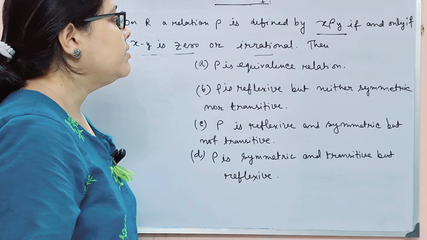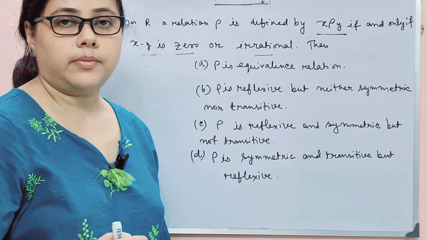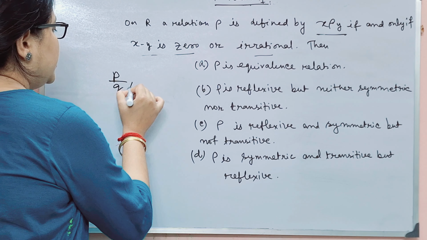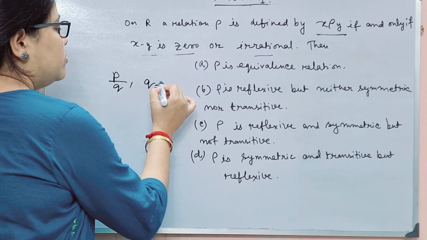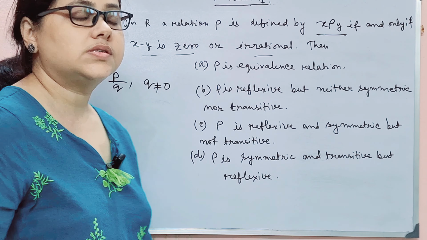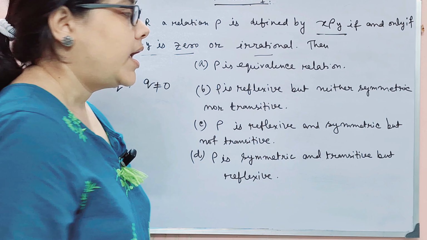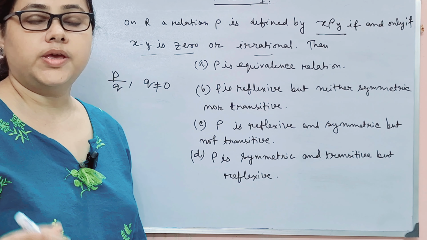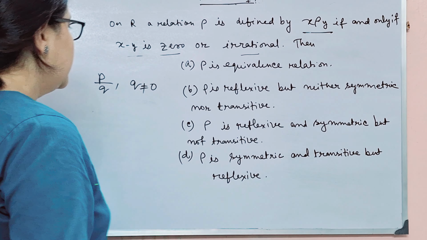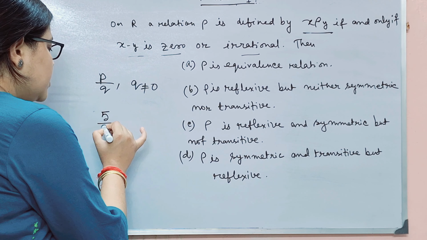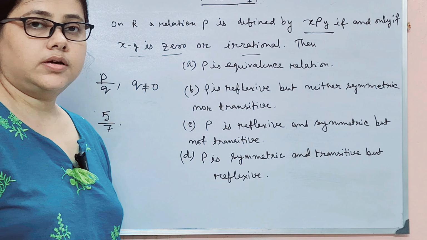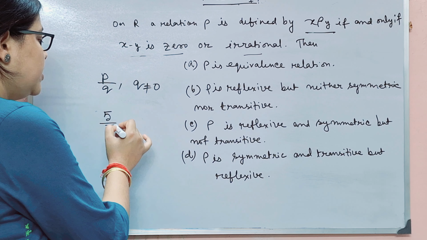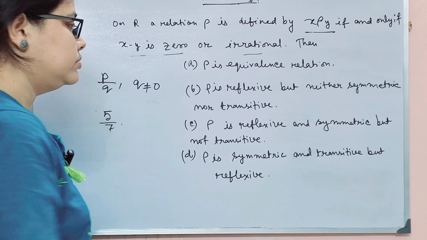Now, what do you mean by a rational or irrational number? A number of the form p by q, where p, q are integers and q is not equal to 0, is said to be a rational number. And if a number is not rational, then it is said to be an irrational number. So 5 by 7 is a rational number because this is of the form p by q and q is not equal to 0.